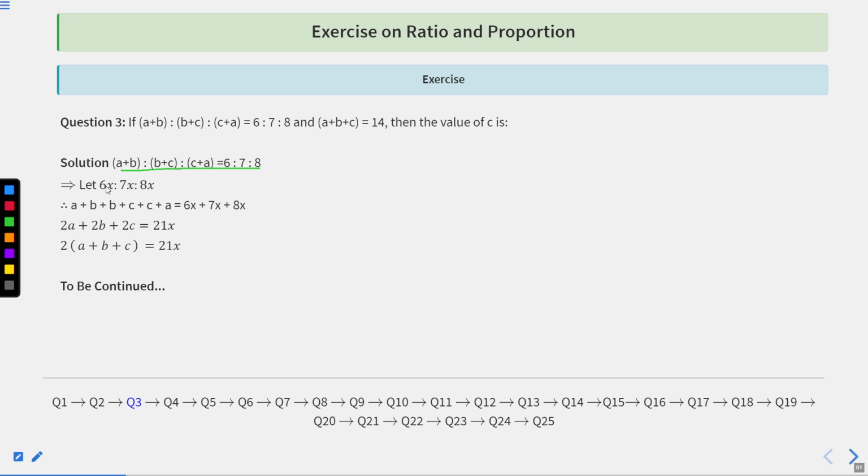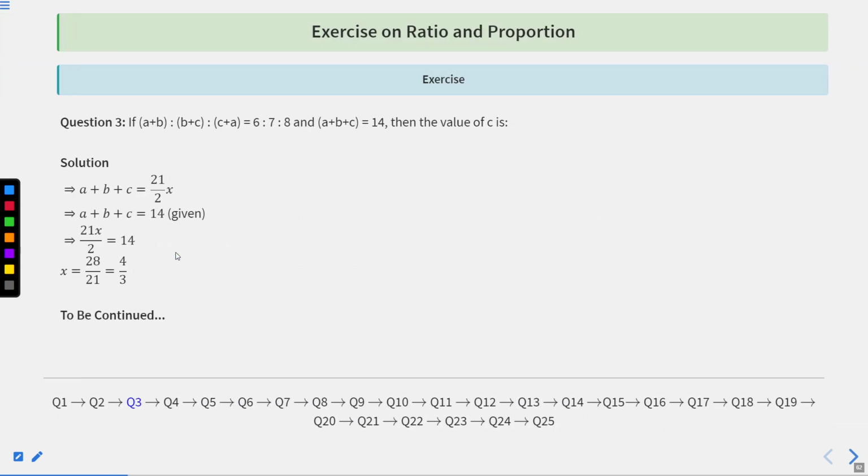And let us suppose 6x is to 7x is to 8x. Therefore, A plus B plus B plus C plus C plus A is equal to 6x plus 7x plus 8x. So it is going to be twice of (A plus B plus C) equal to 21x. And now you see A plus B plus C is going to be 21x upon 2.